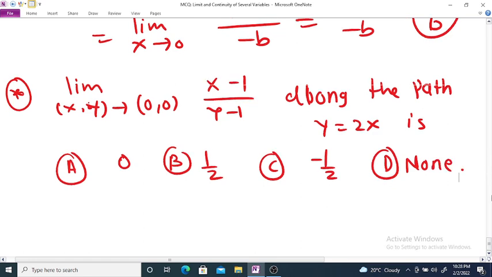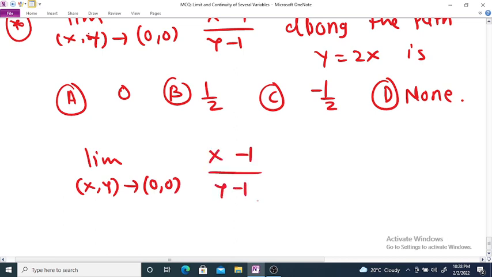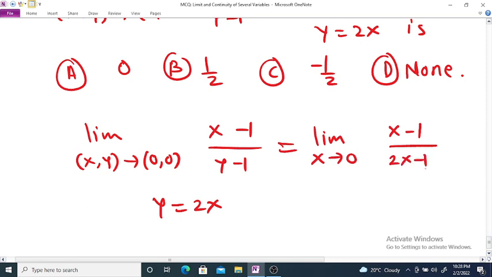So here the given limit is limit as (x, y) tends to (0, 0) of (x minus 1) divided by (y minus 1), and the path is given y equal to twice x. So along this path, this limit becomes limit x tends to 0, (x minus 1) divided by (twice x minus 1).